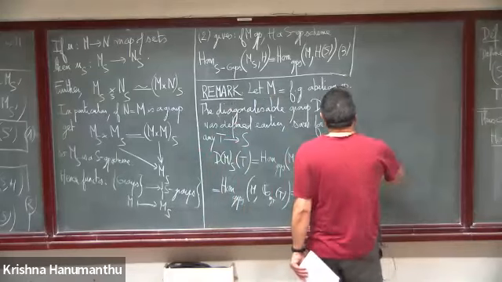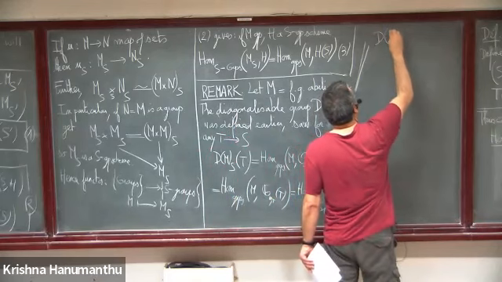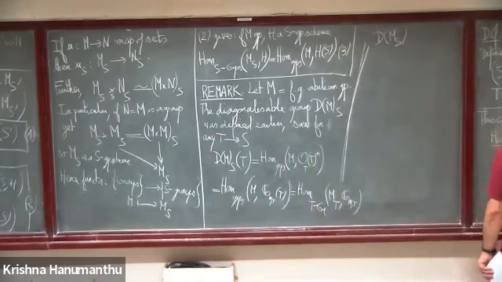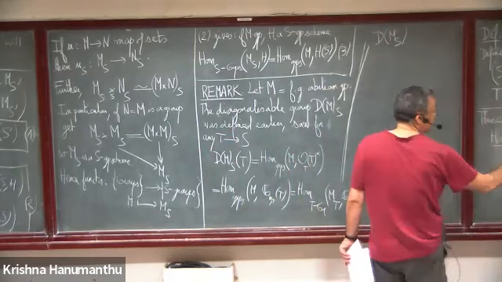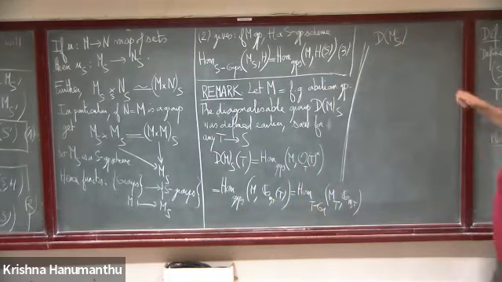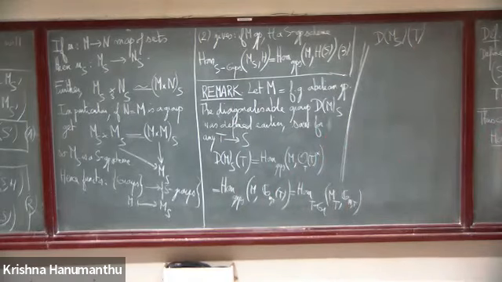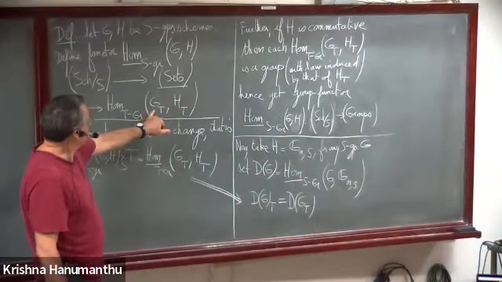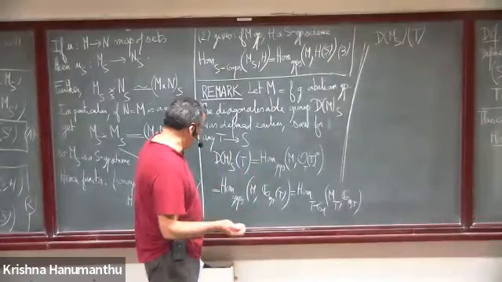And so by definition, this is D of M_S evaluated at T. Because if we plug in here M_S, this is just M_T into G. Okay, so the notation is coherent.